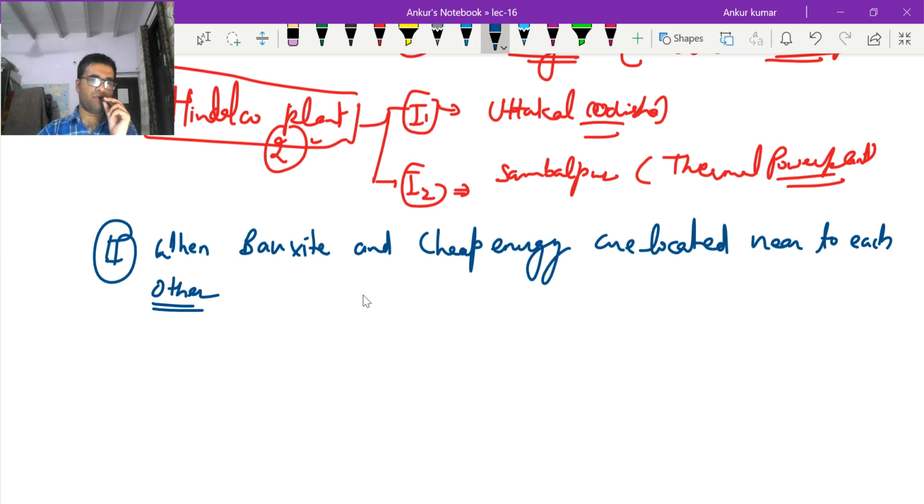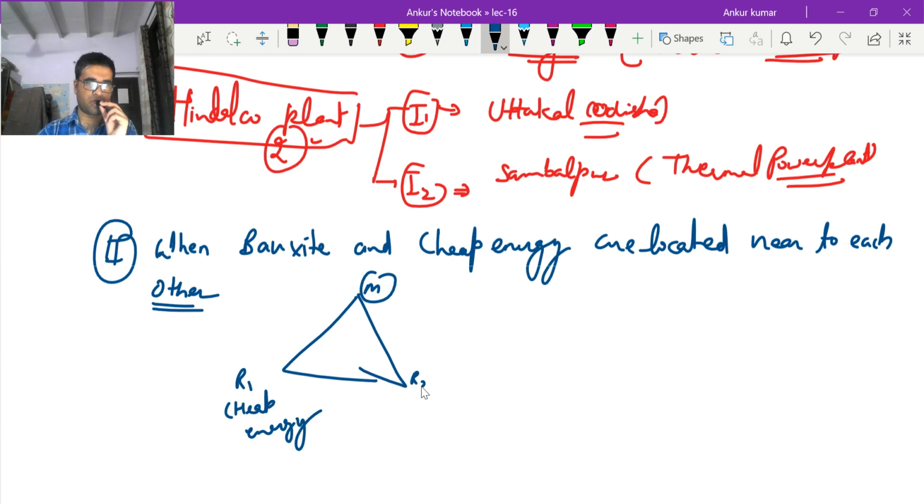Now what happens in this case? So this is the market here. This is raw material 1, that is cheap energy. This is raw material 2, that is bauxite. So the industry will be established close to HEP here, but we have to remember that both are close to each other.